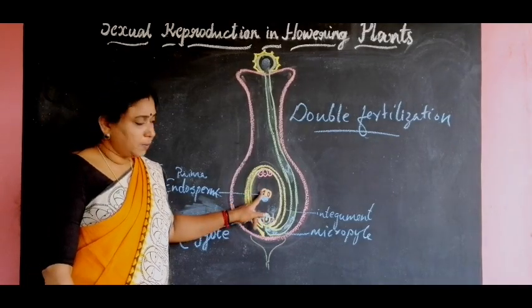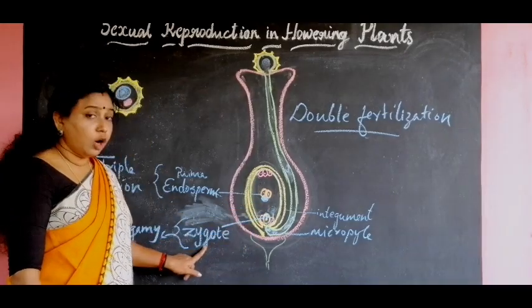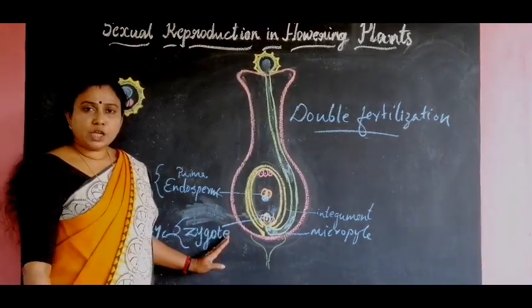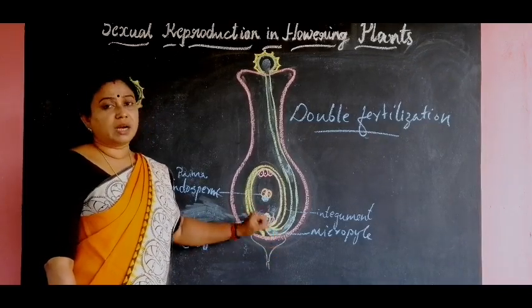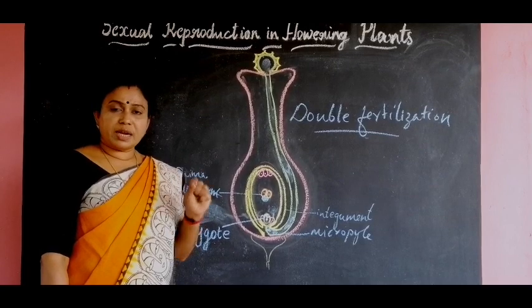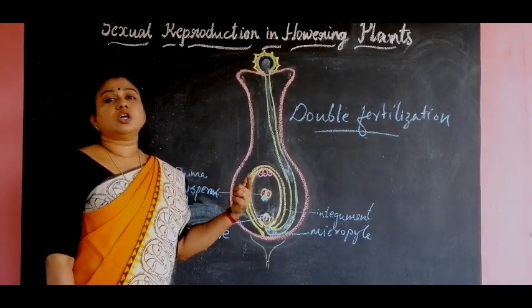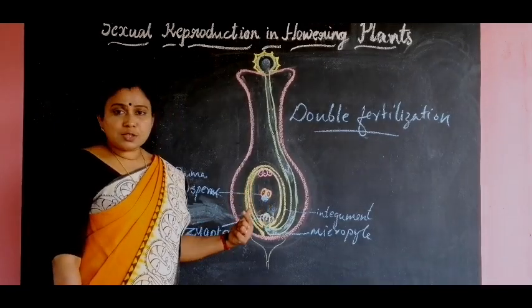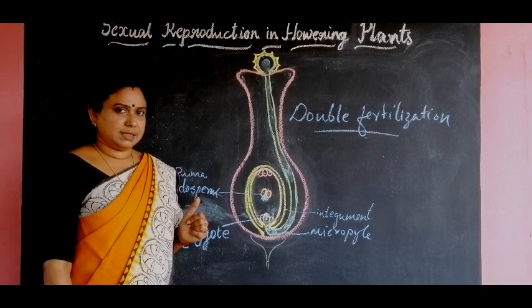This endosperm provides the nutrition for the development of the zygote. The zygote divides further and forms the embryo, which contains a plumule, a radicle and a cotyledon to store food for the further growth of the plumule and radicle during the germination of the seed.